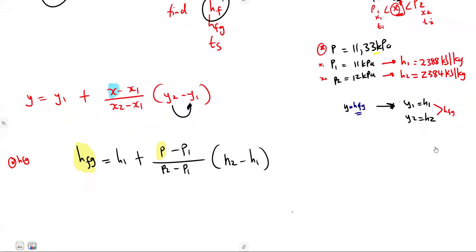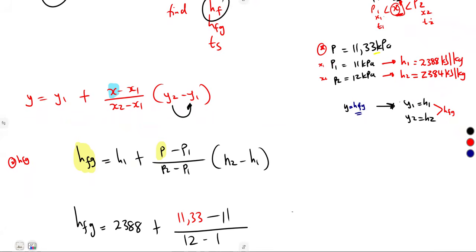So you simply substitute into the formula, then you are going to find the value of HFG at the given pressure, which we do not have from our steam table. So our H1, the lower value, 2388, plus P, that's 11,33, minus P1, which is 11, over 12 minus 11.